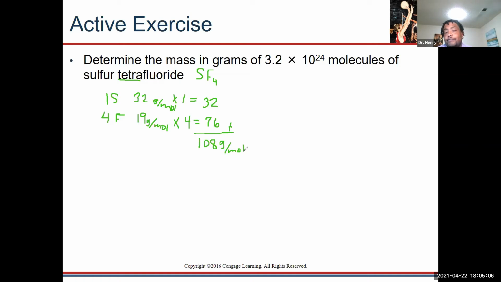We need to do dimensional analysis by starting with your given. Okay, I want to start with my given. This is my given. I'm going to start with that.